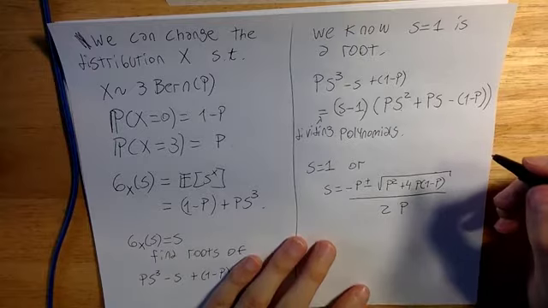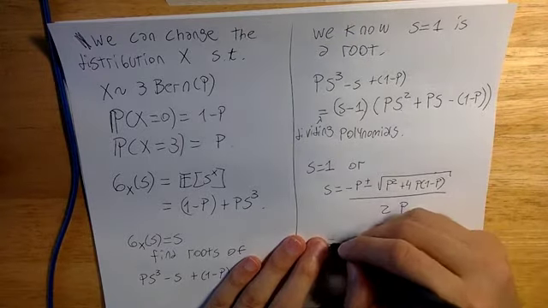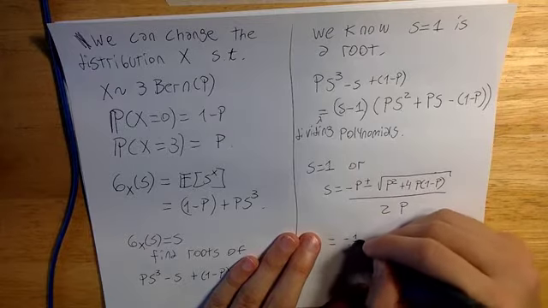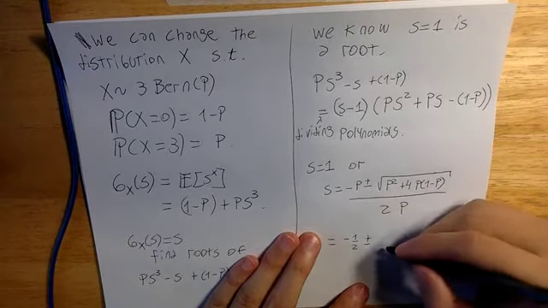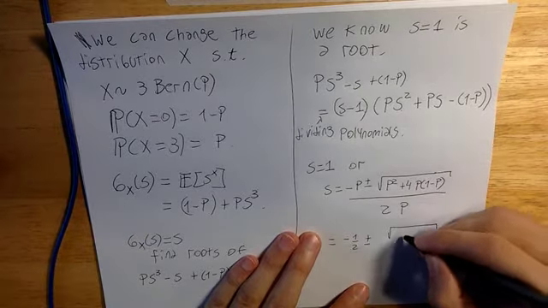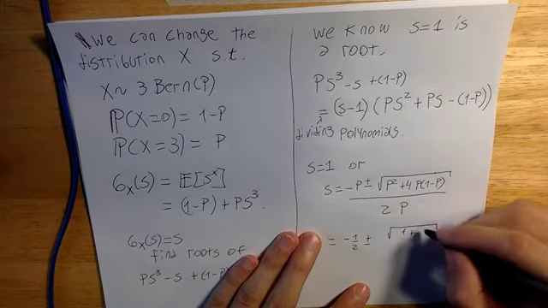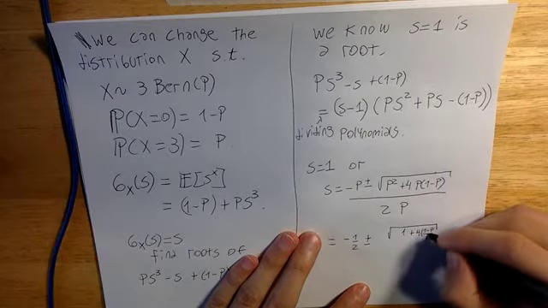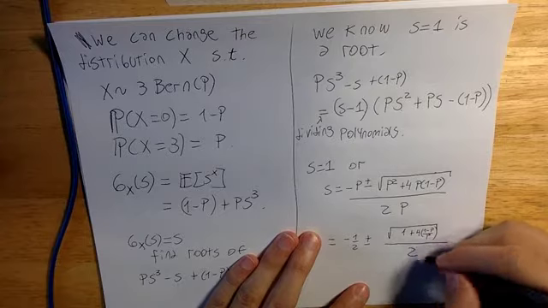Or the other way around. So in a sense we get here minus a half plus or minus the square root of 1 plus 4 times 1 minus p over p, divided by 2.